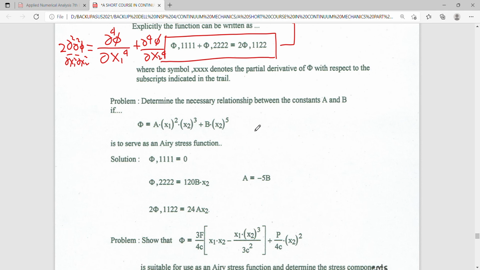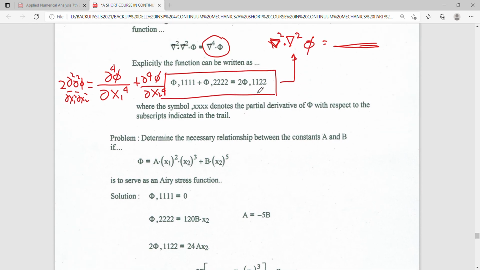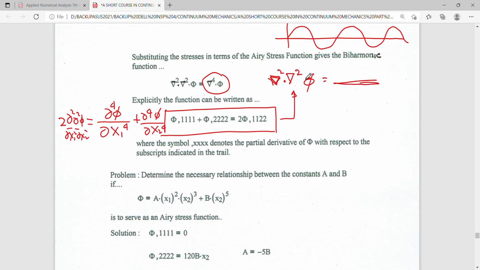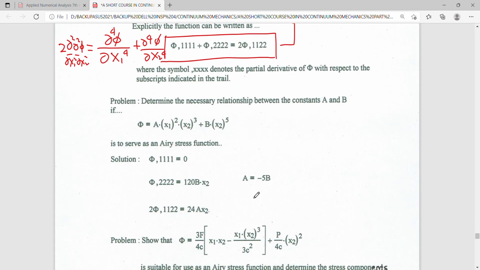So we are given an Airy stress function, phi, that will satisfy our biharmonic equation as derived using the procedure above. What we are getting here is the value of the constants a and b.